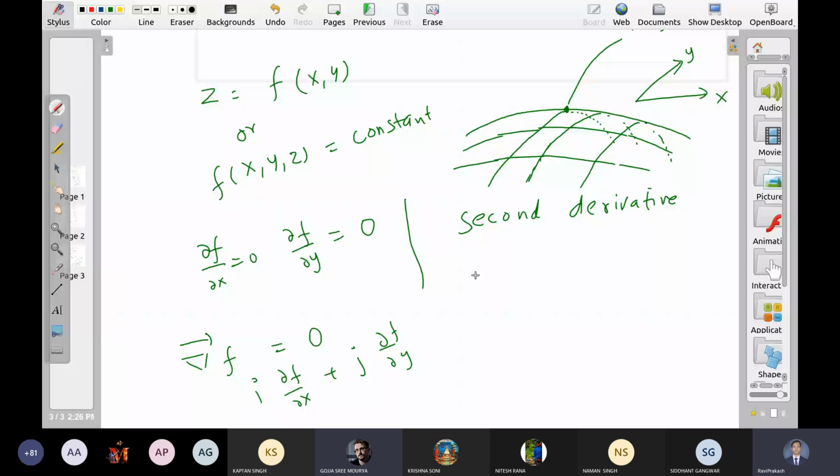Less than 0. Negative, but what? There are like one second derivative is this, one is this, this is also a second derivative. So should all three be negative?